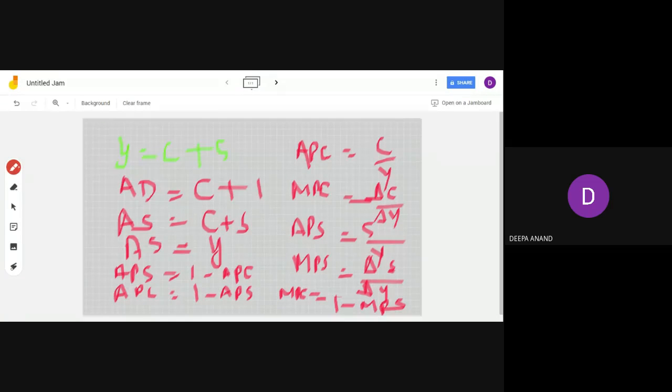First column, income. Second column, savings. Third column, MPC, that is marginal propensity to consume.